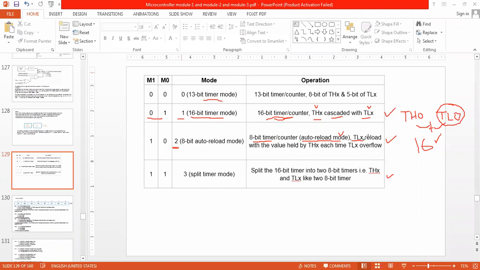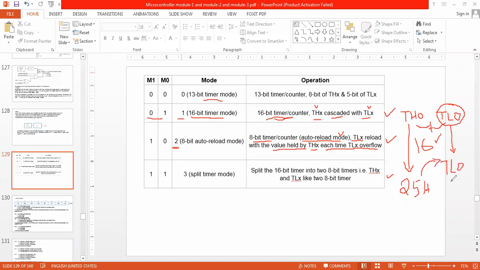TLX will reload the value held by THX each time TLX overflows. It means, say TH0 is having 25H. So this value will be automatically loaded into TL0.